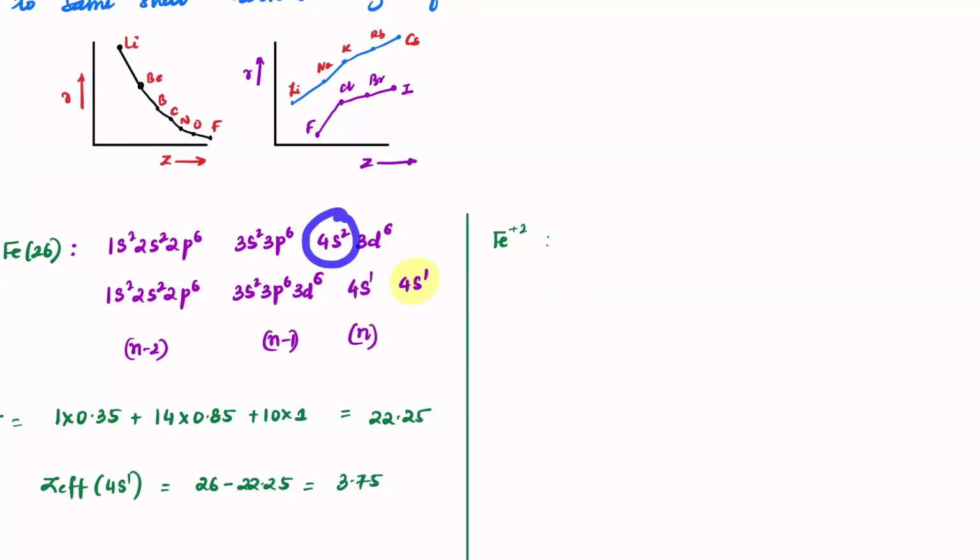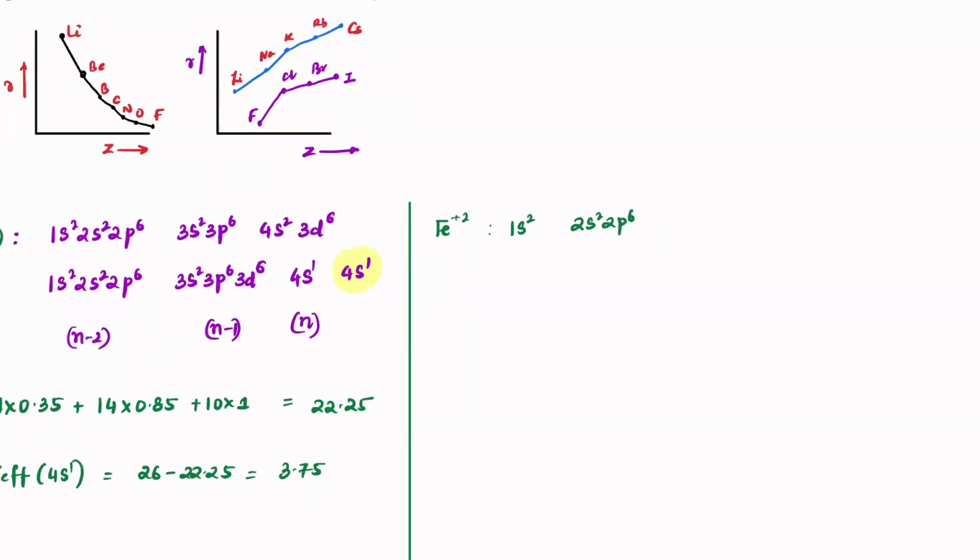So what do we have here? So we'll have 1s2, and then we have 2s2, 2p6, correct? So then we have 3s2, 3p6, and then we have 3d5 and 3d1. I'm putting it separately because total we have 3d6 here. So I'm writing it as 3d5 and 3d1 here.